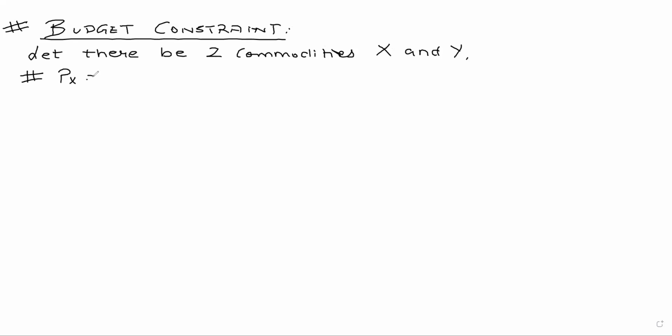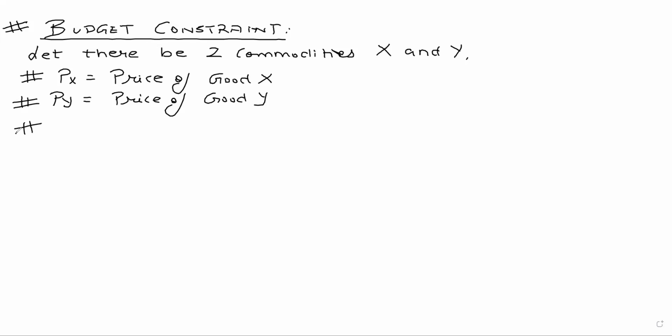Let there be two commodities X and Y. Px is the price of good X. Py is the price of good Y. Px comma Py is our price vector, where Px is the price of good X and Py is the price of good Y.